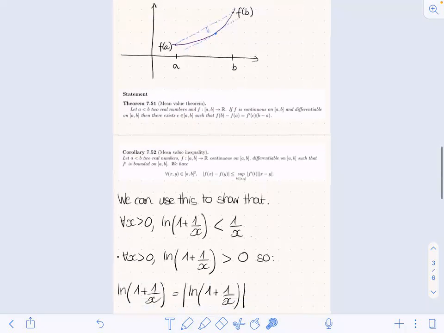And so the mean value inequality, if you have a look at how it's proven, as a consequence of the mean value theorem, you get this here, and that's equal to this product. This always holds with the c in between a and b.